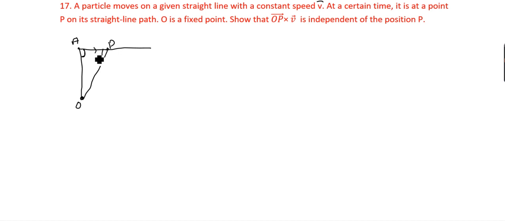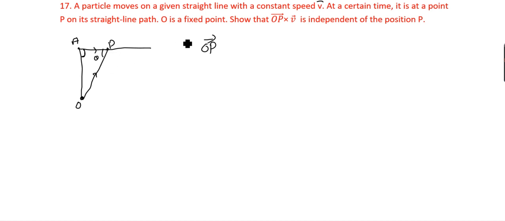The body is moving in this direction. Now let this angle be theta. The question is to find OP cross V. OP vector, let this be the OP vector, this is the V vector, and the angle between them is theta.